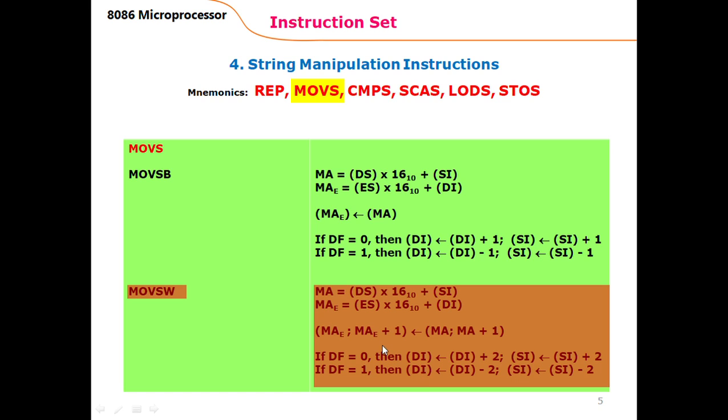So if D is 0, then auto increment mode is set, and the two index registers are incremented by 2, because 2 bytes have been moved. And if the direction flag is 1, then the auto decrement mode is set, and the source index and destination index registers are decremented by 2 because 2 bytes have been transferred.